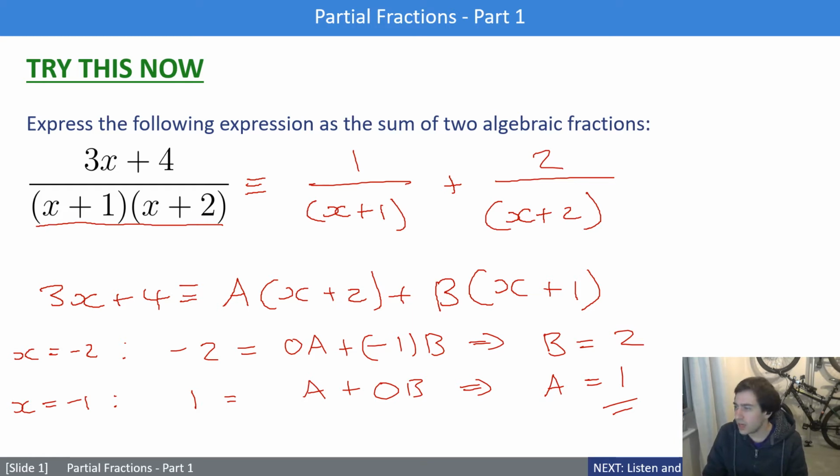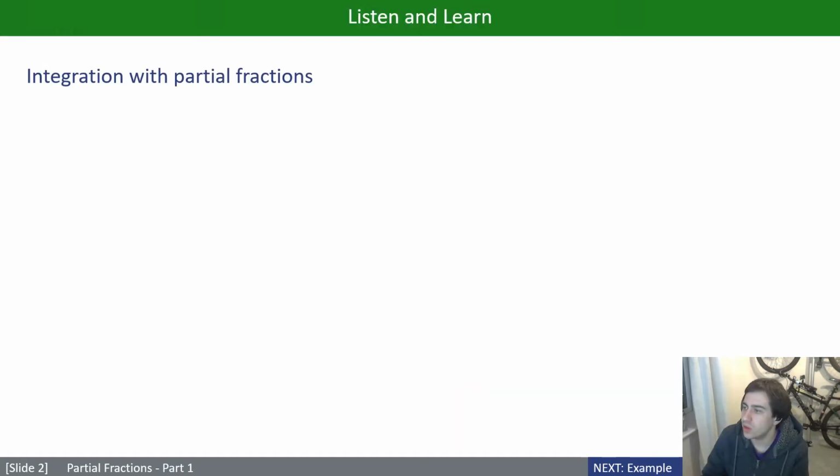Right, so let's start looking at how we can make use of this for integration. My idea is to mainly teach this by example, so I'll give you a couple of examples of using it, but just before we jump into the example, let's lay out roughly what we'll do each time. So the first step is we're going to convert an algebraic fraction into partial fractions.